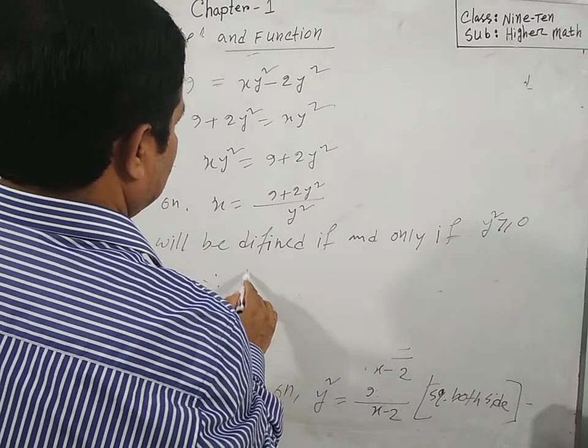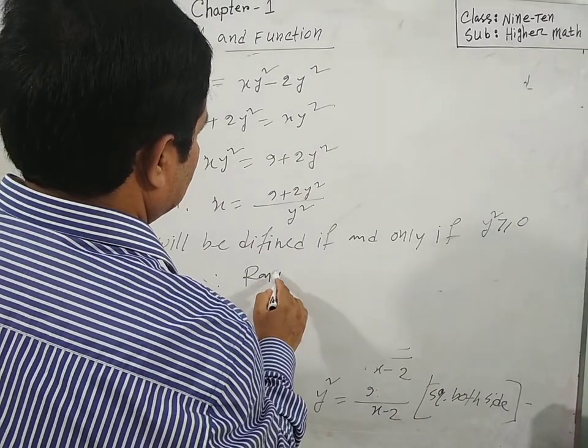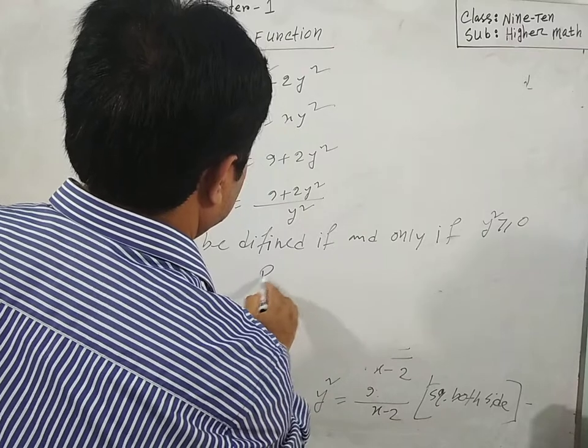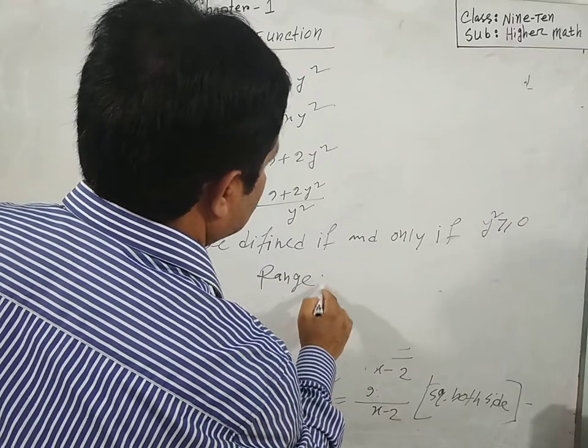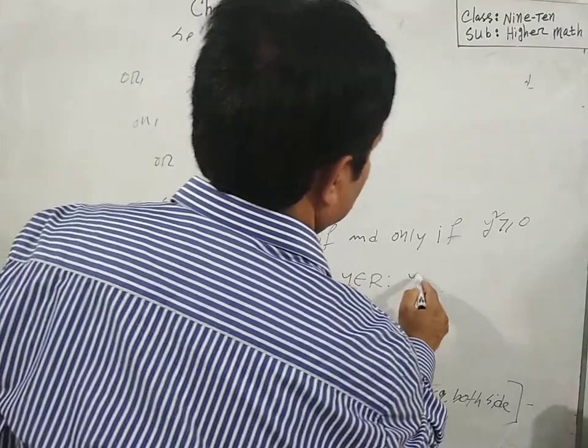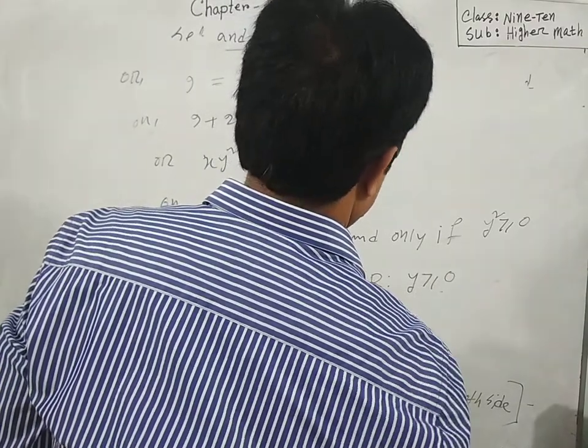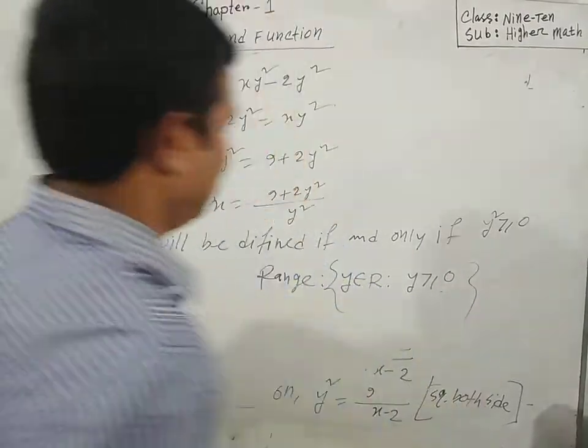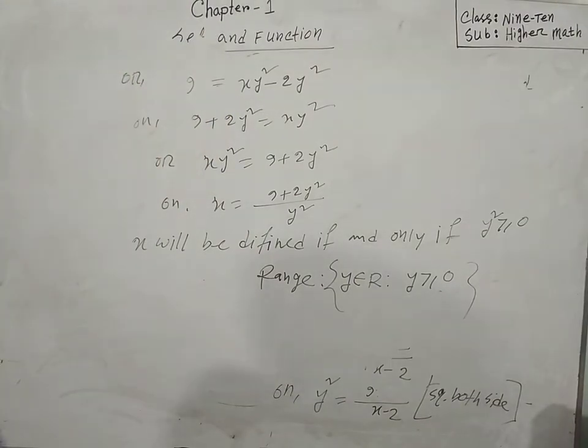So range: y belongs to R such that y is greater than or equal to 0. This is our result. Do you understand?